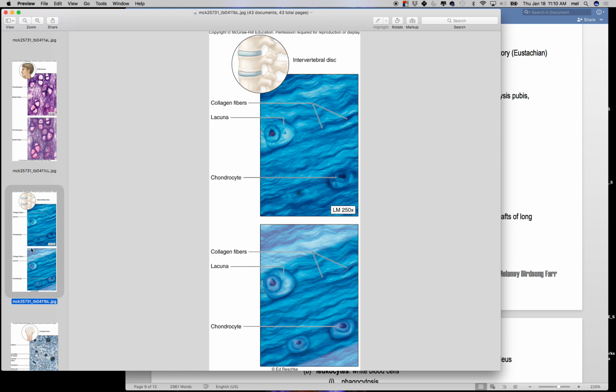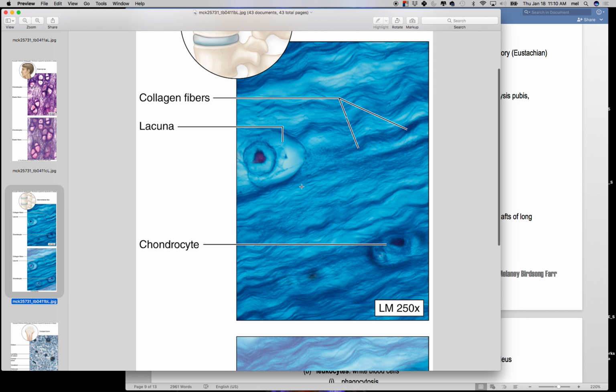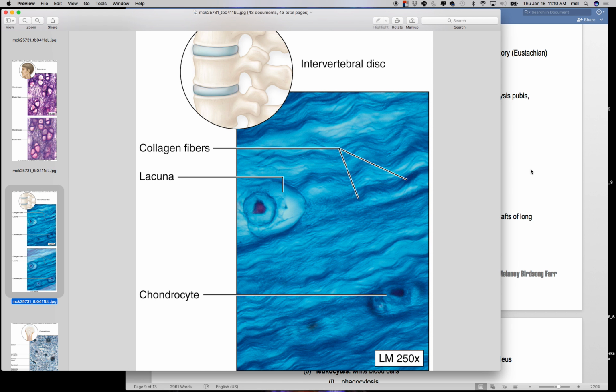Fibrocartilage has bundles of collagen fibers. So it's the strongest of the cartilages. And fibrocartilage usually, but not always, stains this blue color.